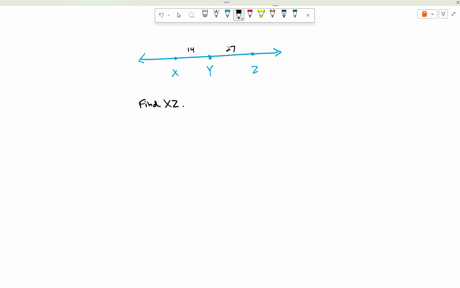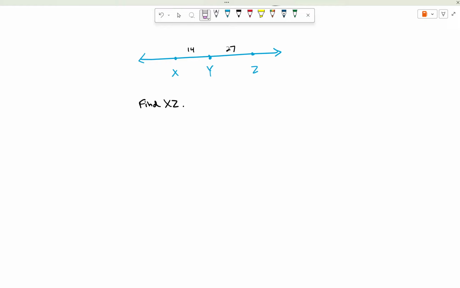Now, the purpose of this, gentlemen, is to make sure that we are doing this and we have fidelity with what our actual concept is, that we're following the rules and have fidelity to structure. In other words, I don't want us just looking at this and saying, oh yeah, XZ is just going to be, and you can just spit out the answer to me because you can add 14 and 27. Gentlemen, congratulations. You can add these two numbers. Some of you guys can do it mentally right now very quickly. That's not the purpose of this exercise. It's, again, to practice the form and structure.